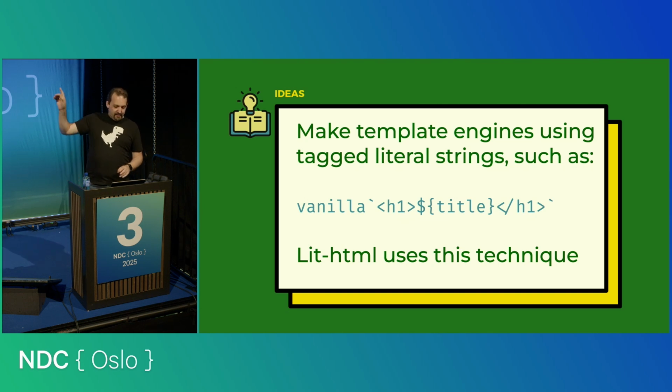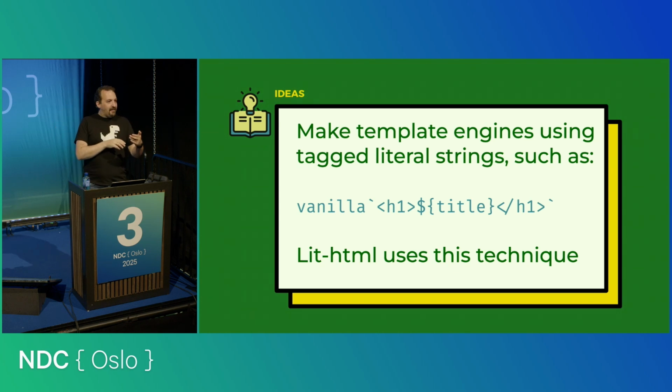And the idea is that, do you see that vanilla prefix to the string? It's not a typo. There is no missing parentheses. This is how it looks like. So that vanilla is actually a function, but a special function. It's called a tagged literal function, and it will let us parse the contents of that string. So we can actually do what you are maybe expecting from that.